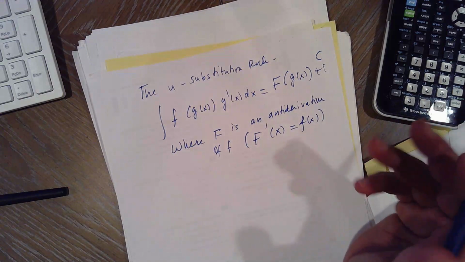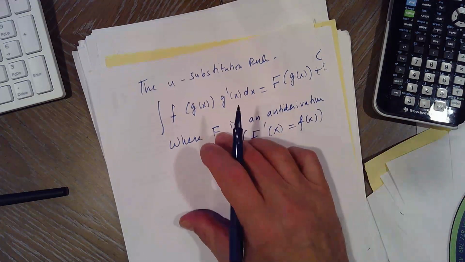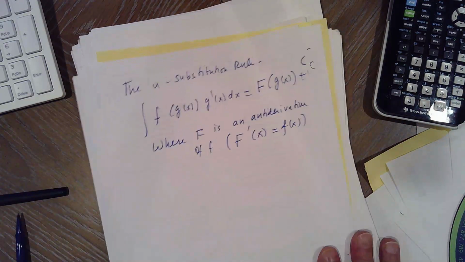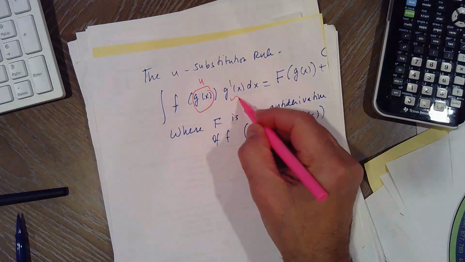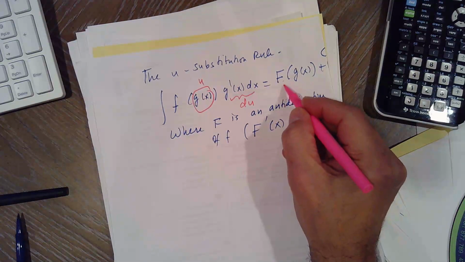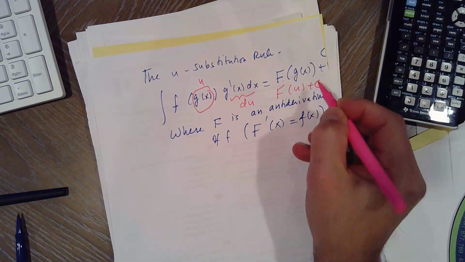Basically, you say u equals g of x, so this is du, and you get f of u plus c.